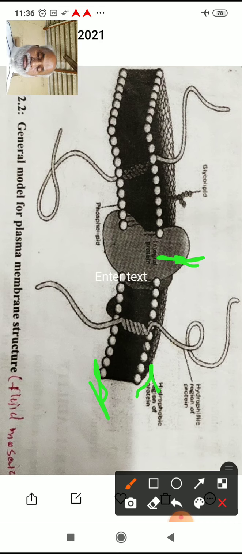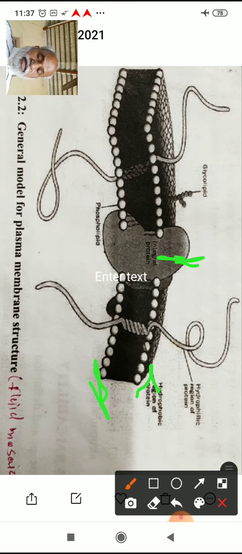Then lipids come with short chains of carbohydrates and are attached on the extracellular side of the membrane. The phospholipid bilayer is made up of phosphate and lipids.